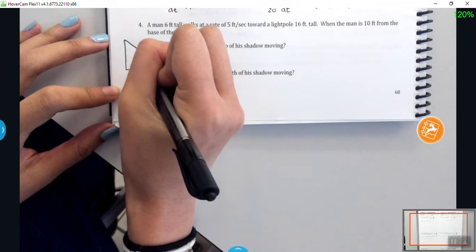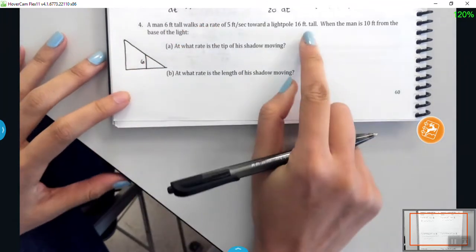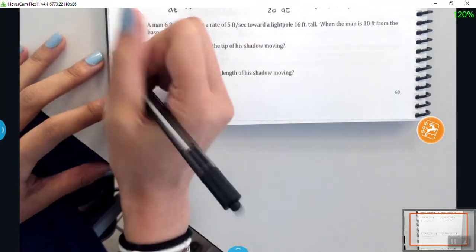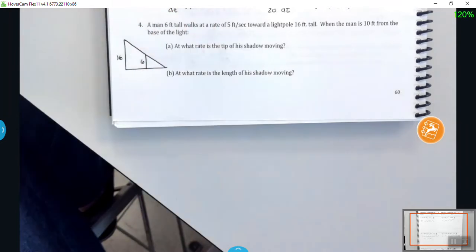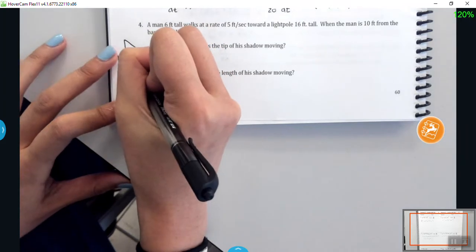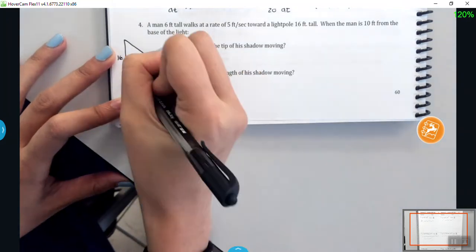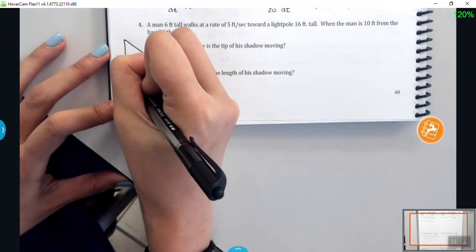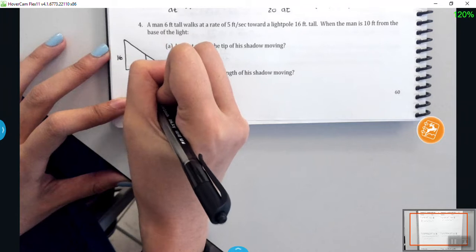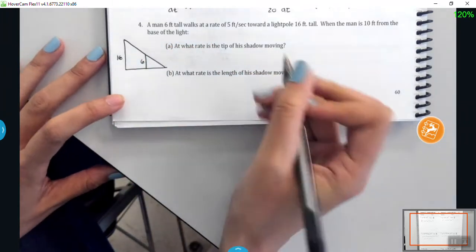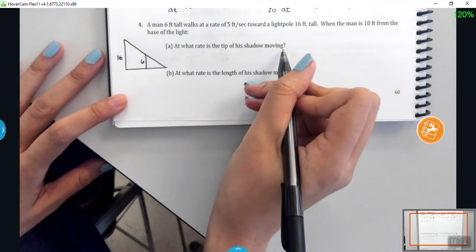Here's the man, he's 6, and the light pole is 16. When the man is 10 feet from the base of the light, at what rate is the tip of his shadow moving?